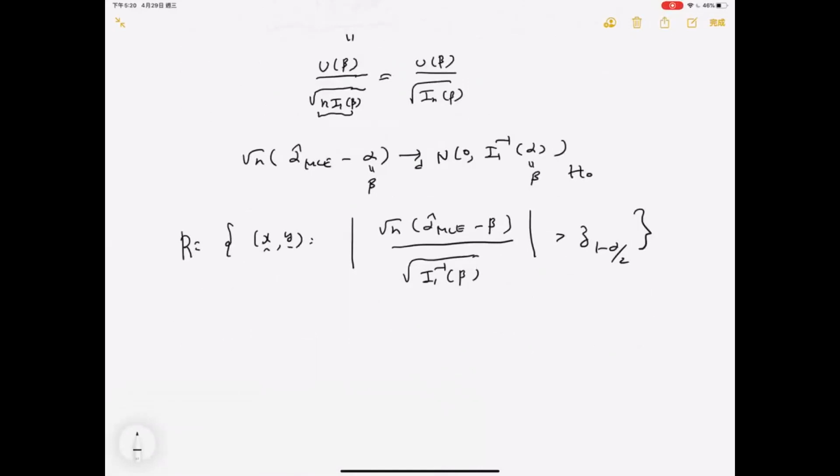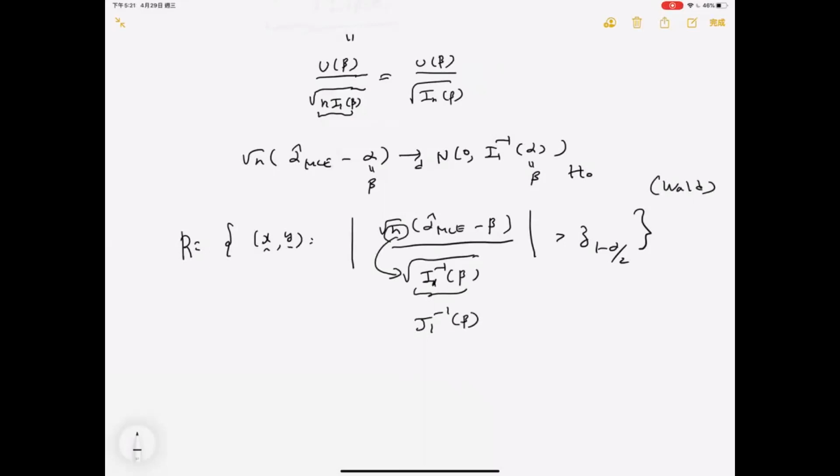Okay, good. And then, of course, people use different versions of the denominator of the Wald type test. You could plug in I1 inverse, you could plug in J1 inverse as observed information as well. Or you could put n down right here. That's actually the same thing.